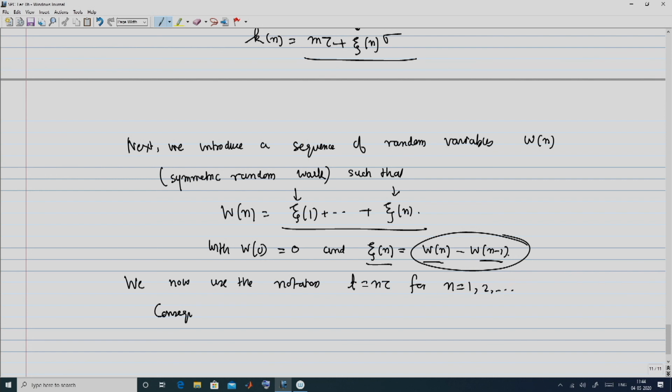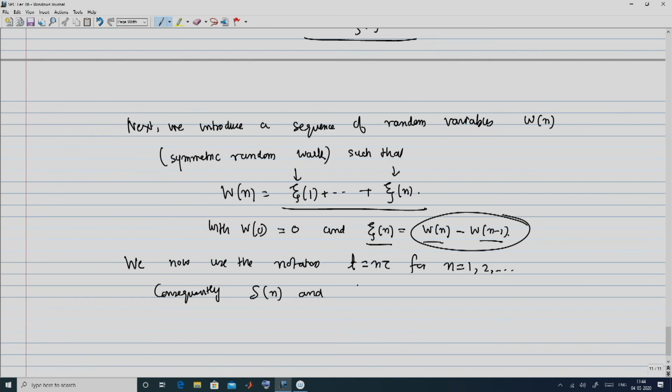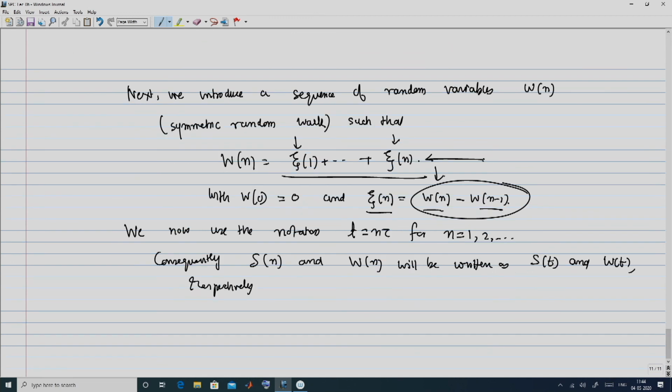And consequently, my stock price S n and W of n that I have defined here will be written as S of t and W of t respectively. I will use the small w here.